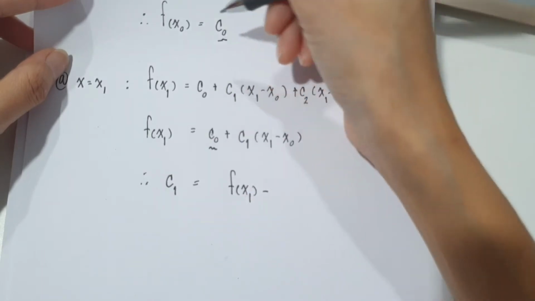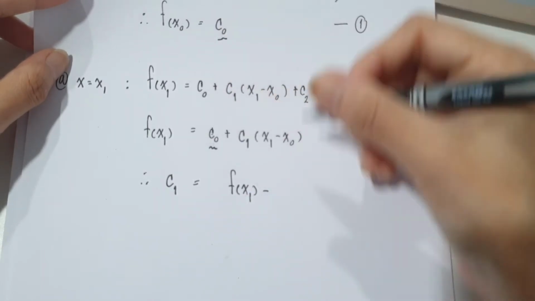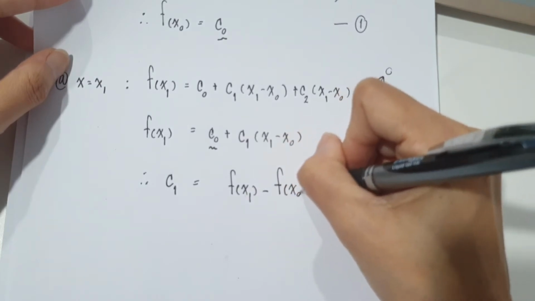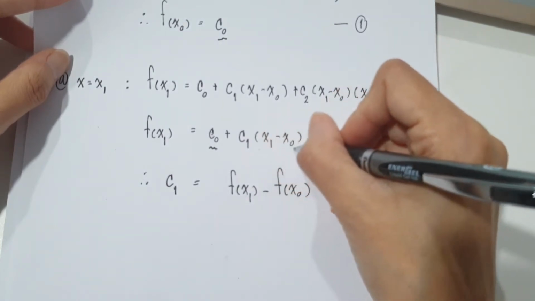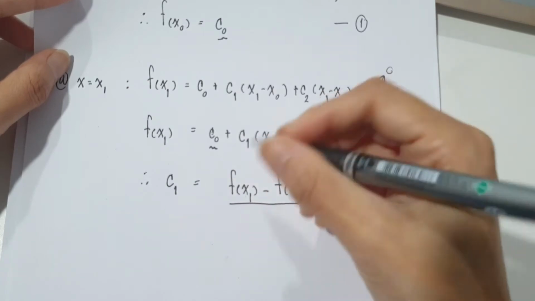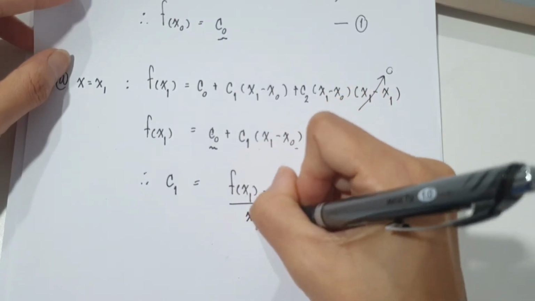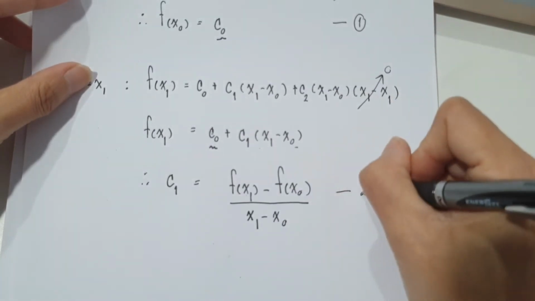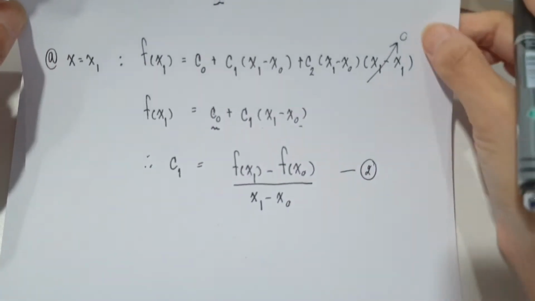But we already know that c0 equals f(x0), so here is f(x0), and it will be divided by x1 - x0. This is the second equation, right?